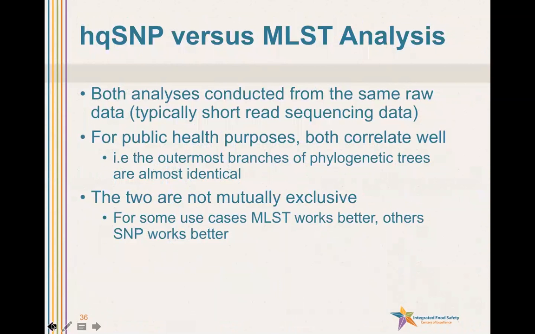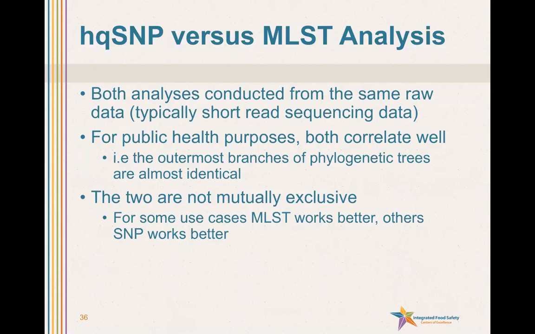If we then compare high-quality SNP versus MLST analysis, both analyses, as I said before, can be conducted using the same raw data. So we start with the short read sequencing data and then analyze them further. Very importantly, for public health purposes, in most cases, we find that both of them correlate very well. The outermost branches of phylogenetic trees, the ones which show us which isolates are really very similar, are typically identical.